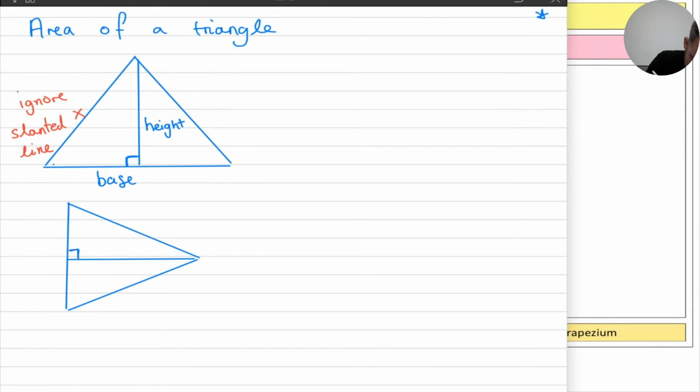This is the height. And actually, the base is this one here on this, and it's worth getting this down as well. Now, the important part is that they are perpendicular to each other. And exactly as Harry said, the area of this one is equal to base times by height, all divided by 2.